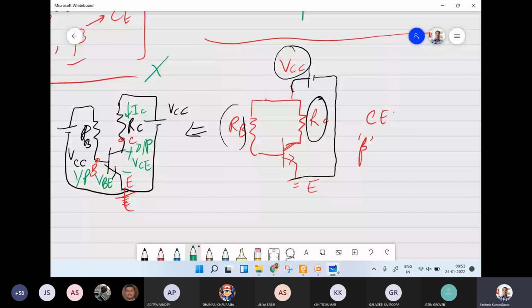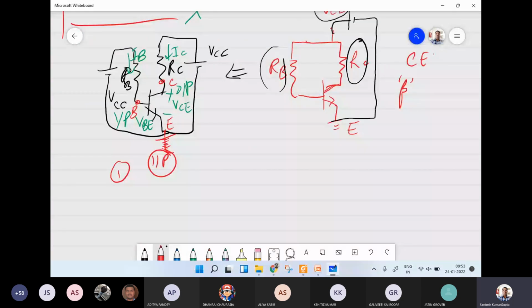Now we can write the equations here for the input circuit. For the output circuit already we have written. It will be the same equation. But for input, let us write now.